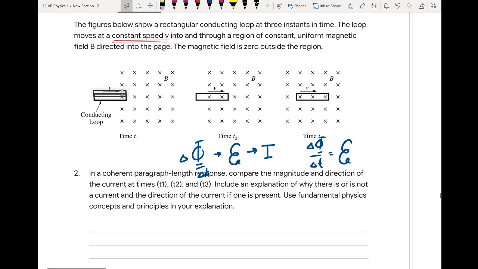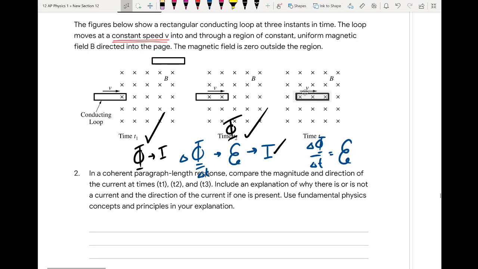So during this point, our area within the magnetic field is changing, so we have a flux there, which means we have a current. We also have our magnetic field: a little bit before was less, a little bit after is more. So we also have a flux here, which means we have the same amount of current.